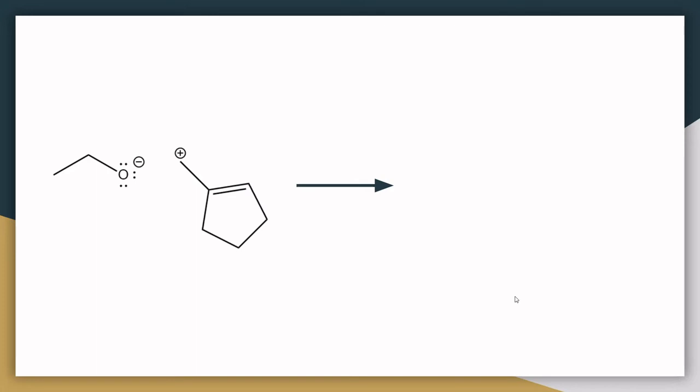This is where having that reaction sheet is very useful, as it can guide you to the correct synthetic equivalent. For these specific synthons, we can see that the positively charged carbon has an allylic position, which means it is adjacent to another carbon that is double bonded to another carbon.